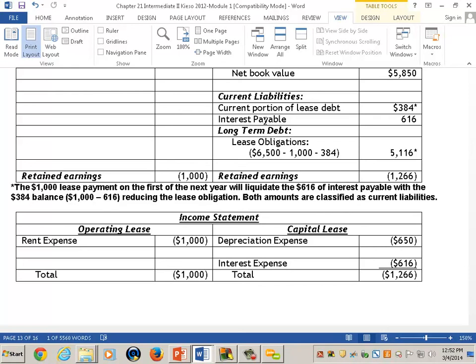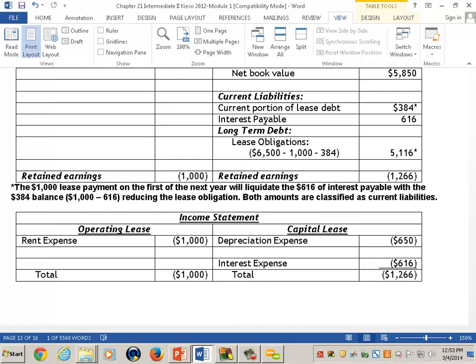We're going to capitalize it, but if it's a lease where it's property, or the lease term is not substantially all of the asset's life, or the fair value is not represented by the 90% test that we used to do, they call it substantially all now, what we would do is just add these together and then debit rent expense here. So we wouldn't have to break it up, but it would still have the same effect.